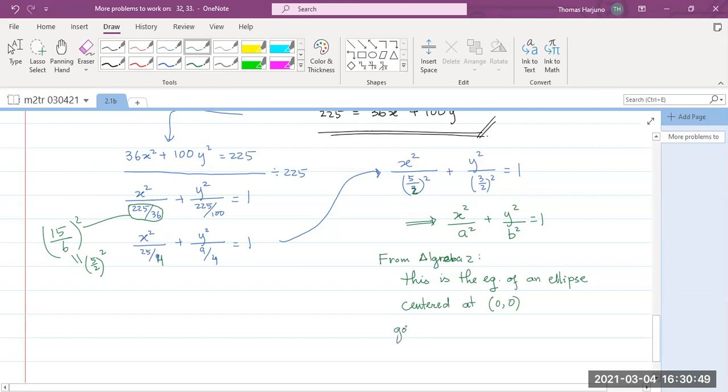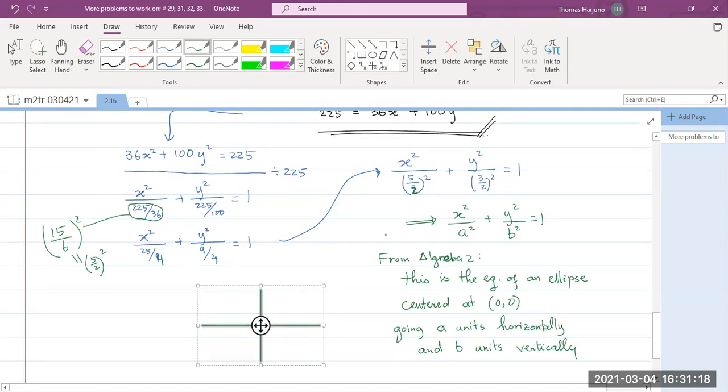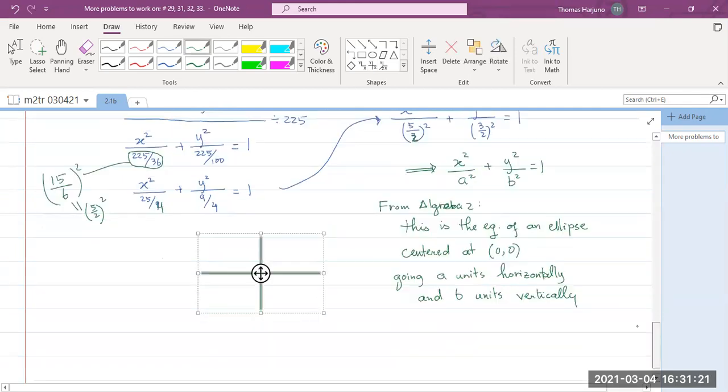Going A units horizontally and B units vertically, as if I'm saying the following. If you have that equation, the one in green, then it is actually an ellipse.